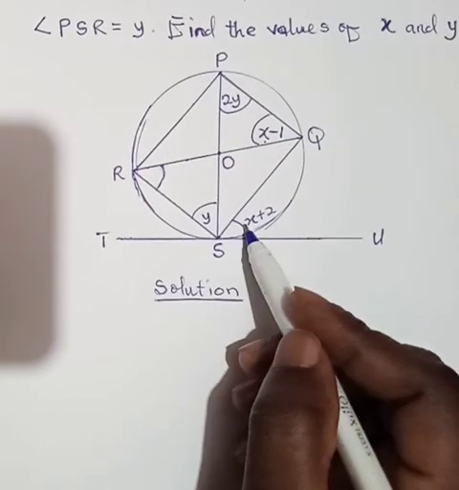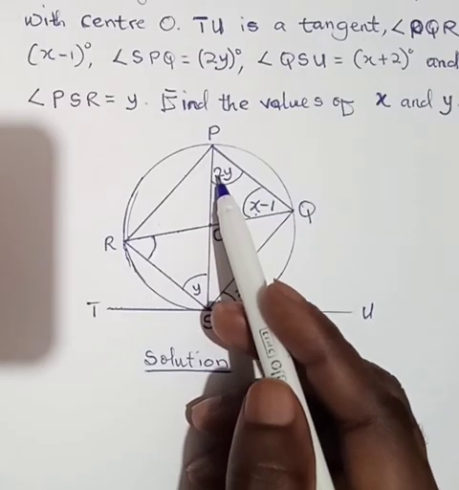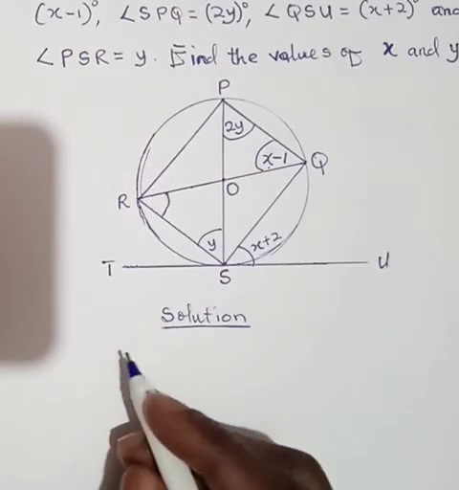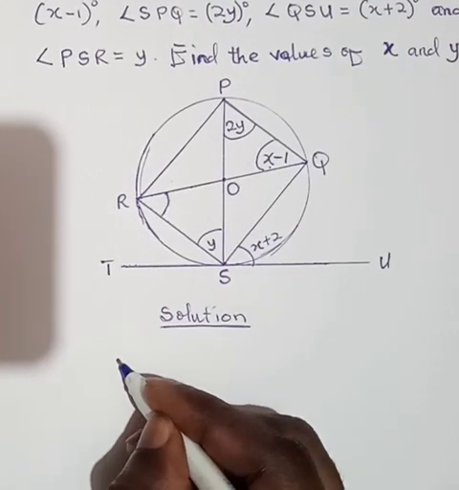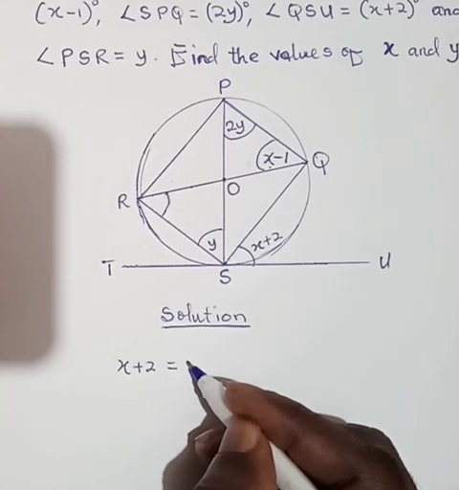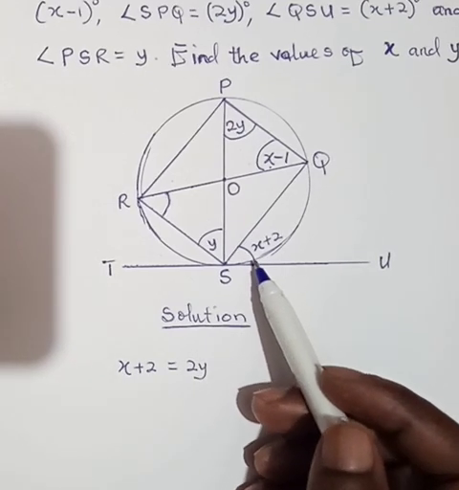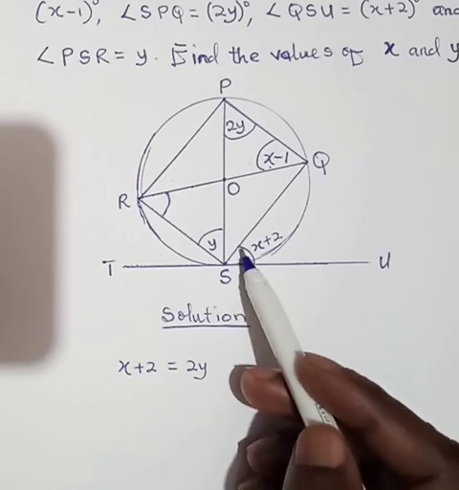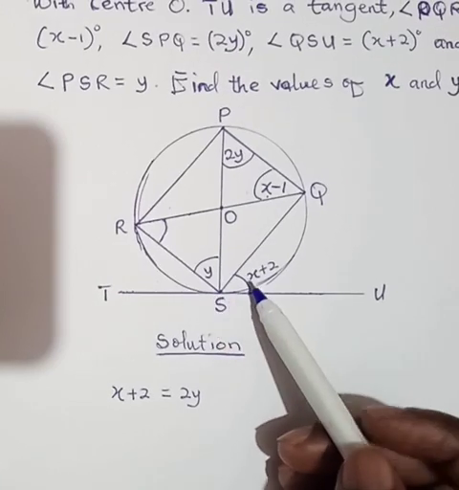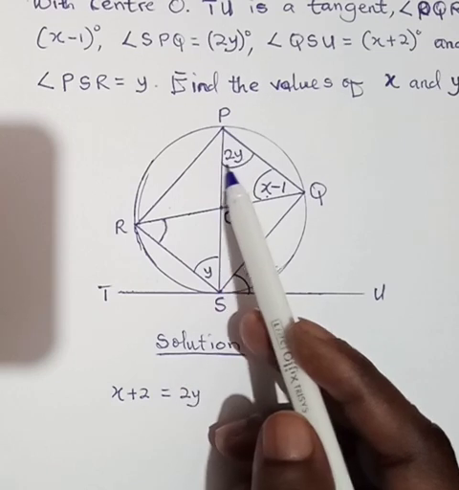We know this angle as x plus 2. And this angle is 2y. Since they are the same, I can say that x plus 2 should be equal to 2y, because we have already said that since this angle is formed between this chord and the tangent line, it is equal to the angle formed at the alternate segment, and this is the angle formed here.